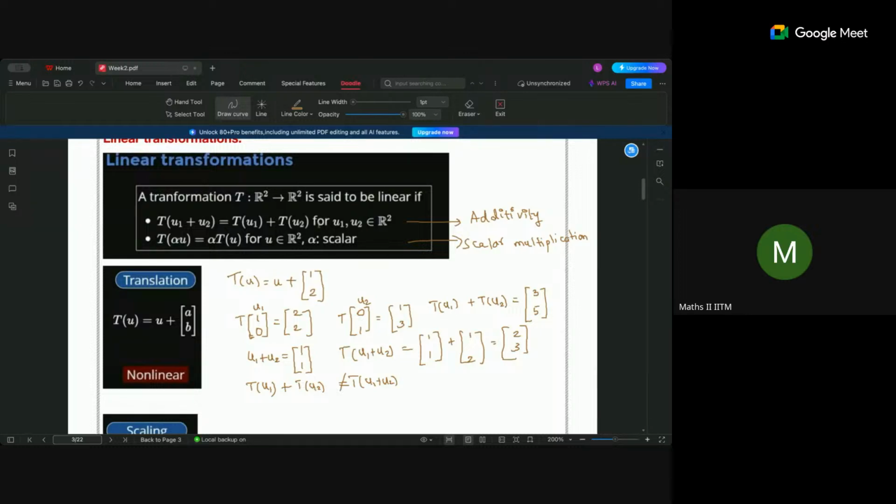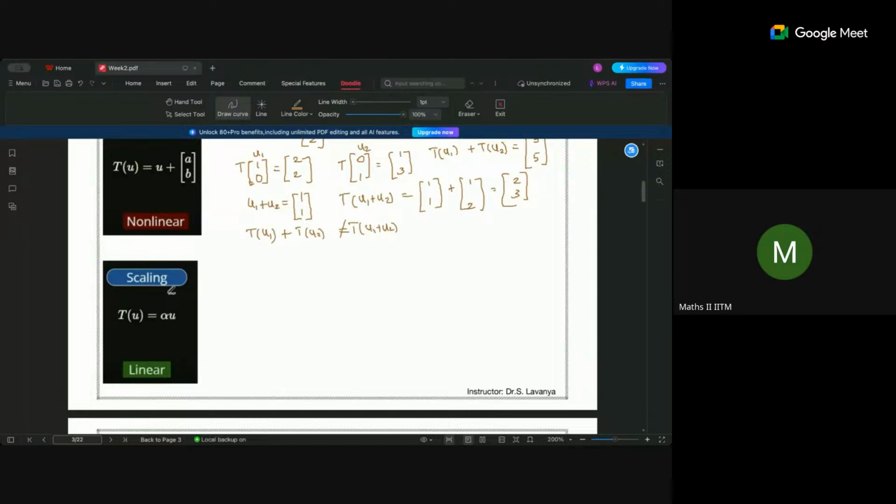Okay, fine. So the next part is scaling, and scaling is linear. Why is scaling linear? Let's see. Now T of u1 is alpha u1, T of u2 is alpha u2. Can you say what is T of u1 plus u2?